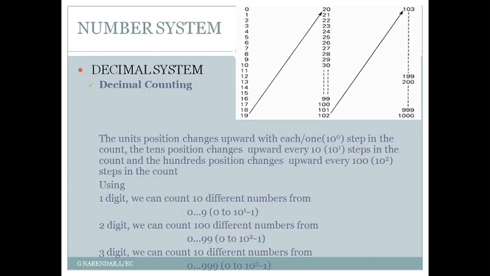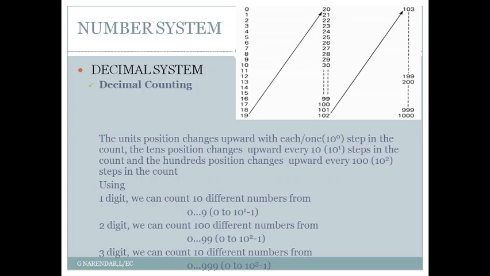So after 9, after the ninth count, we write the next count as 10, that means 1 0. How have we written the next count as 1 0?